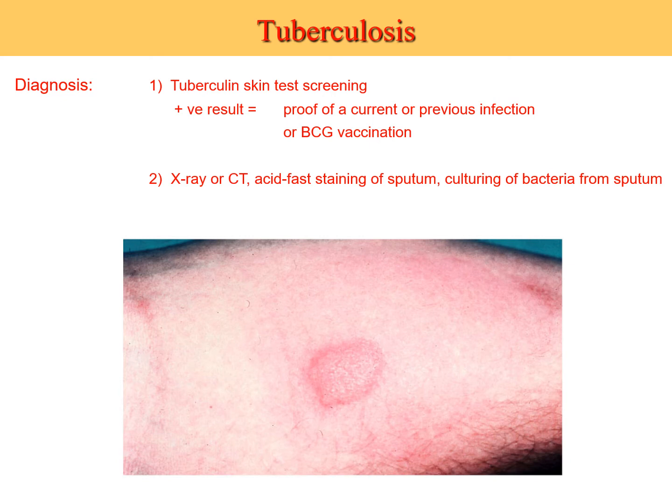Diagnosis is by the tuberculin skin test, in which some of the bacterial components, dead bacterial components, are put on a scratch in the skin. They scratch your skin, they put it on, and they look for what's called a wheal and flare. It's a DTH, delayed type hypersensitivity reaction.